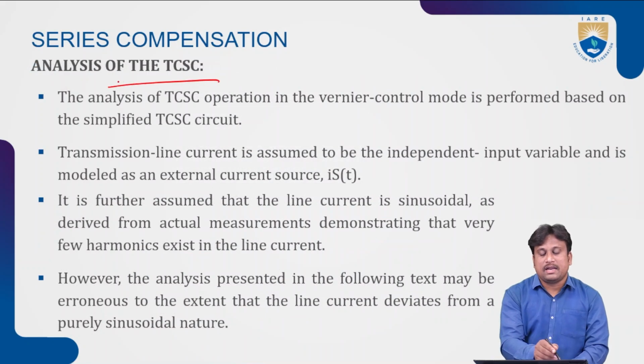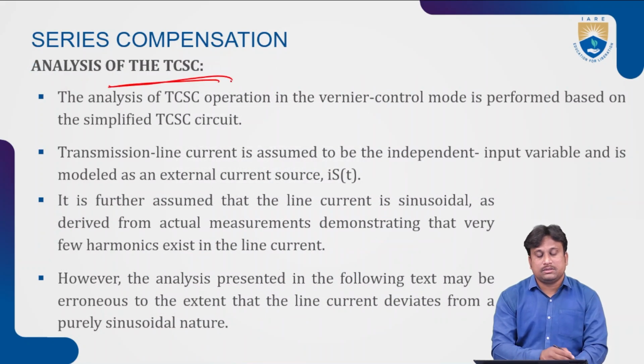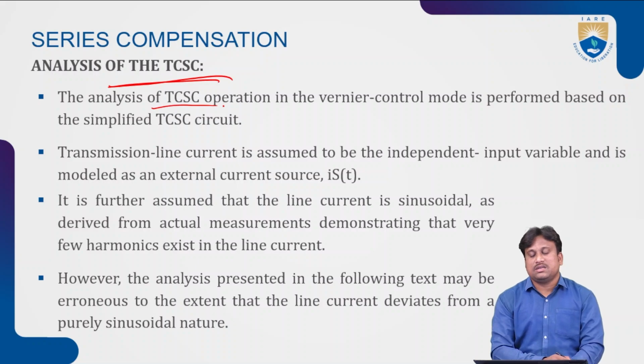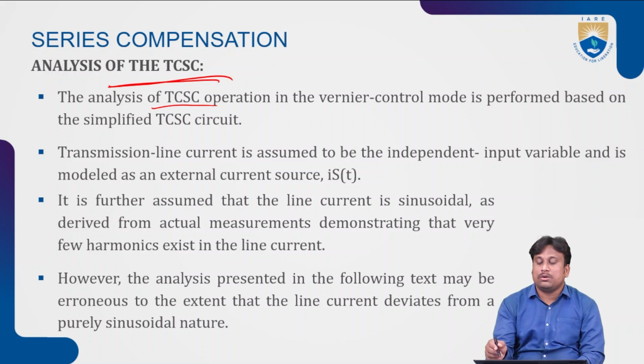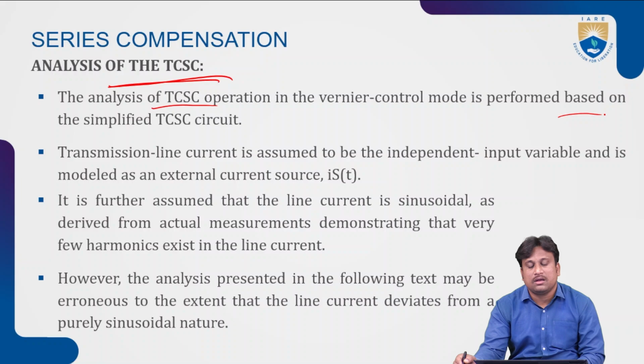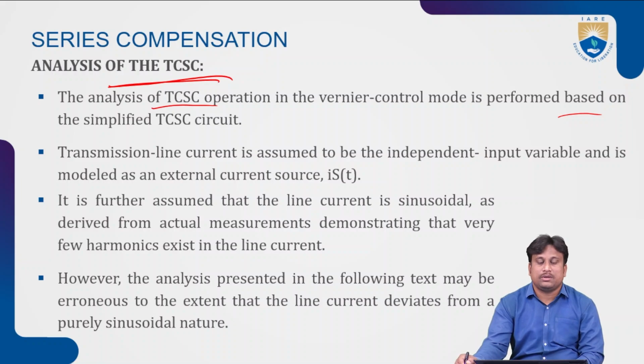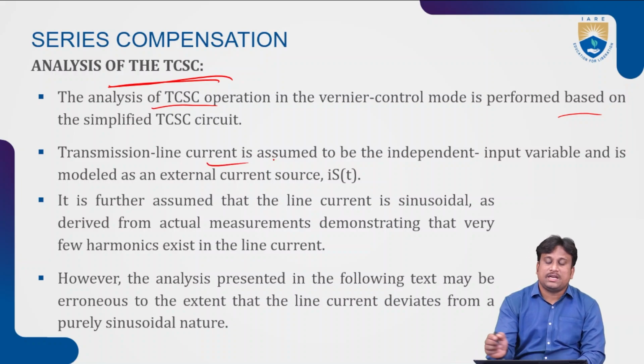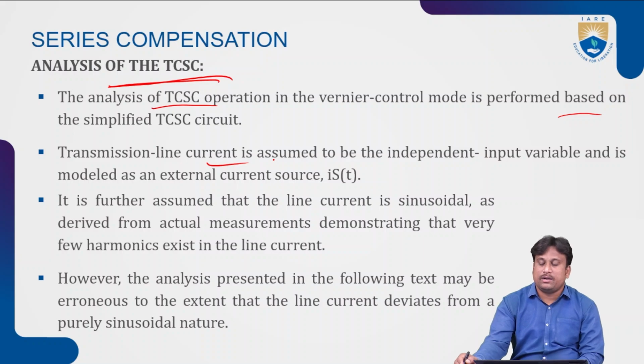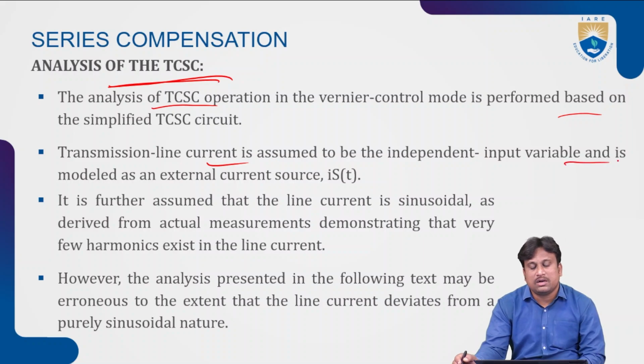So what is the analysis of the TCSC? The analysis of TCSC operation in the Vernier control mode is based on a simplified TCSC circuit. The transmission line current is assumed to be an independent input variable and is modeled as an external current source, Is of t.